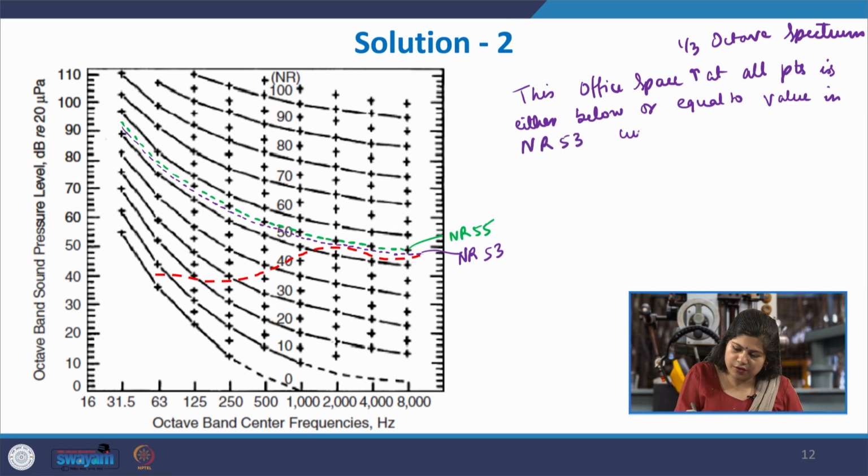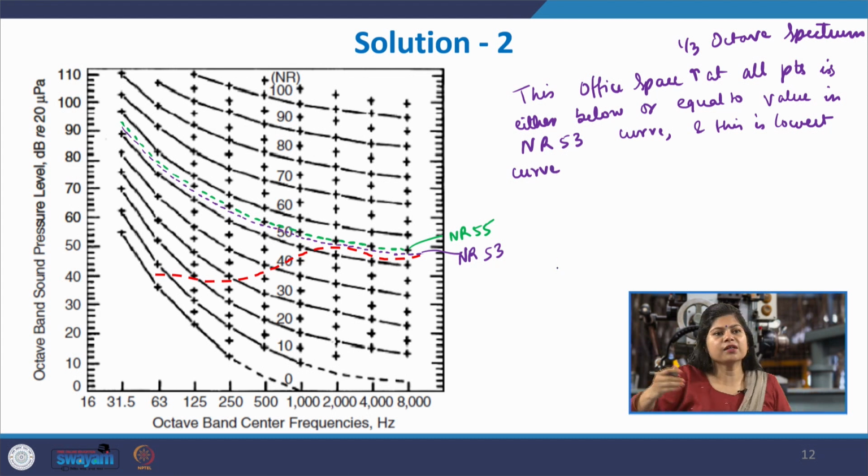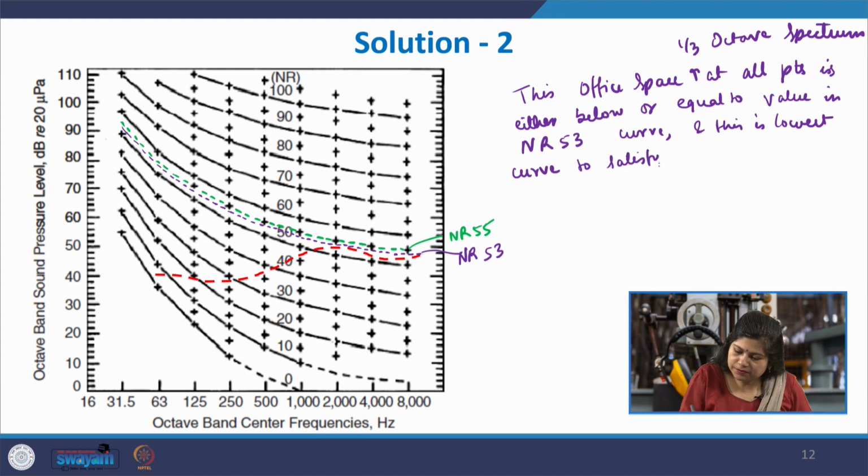NR53 curve, and this is the lowest curve to satisfy this condition, because then all the further curves above it will also satisfy this condition.